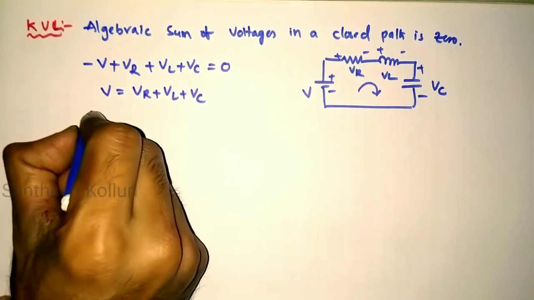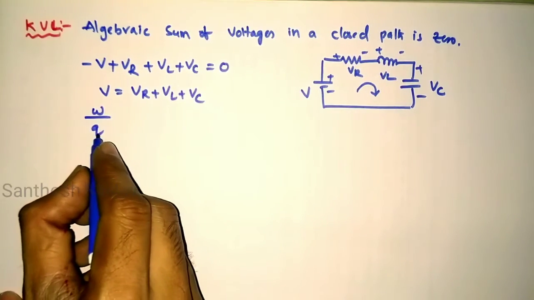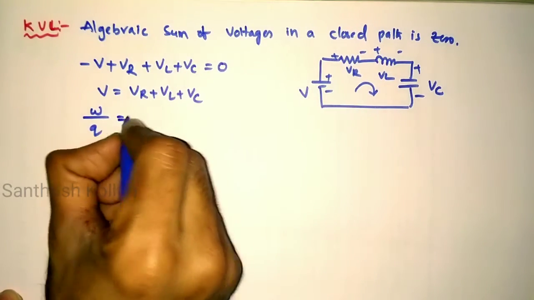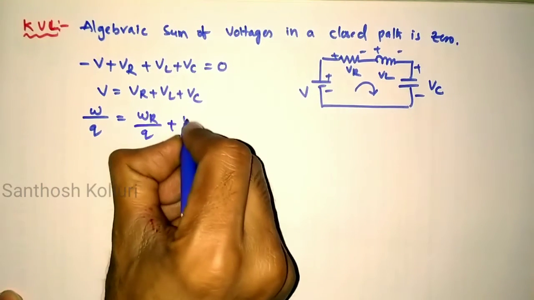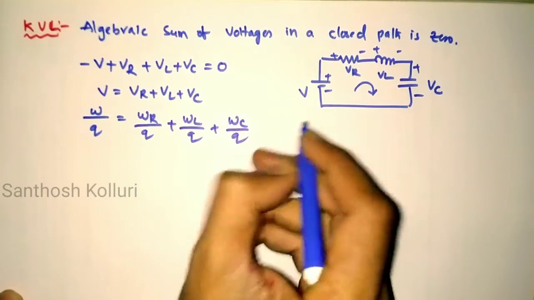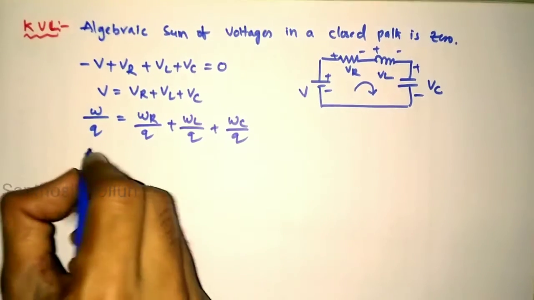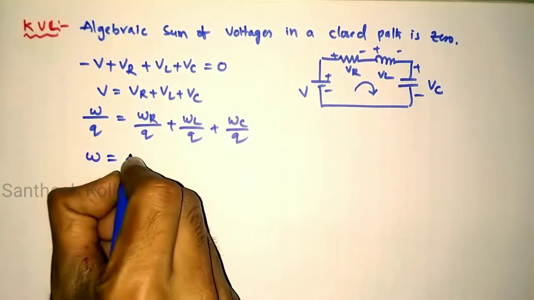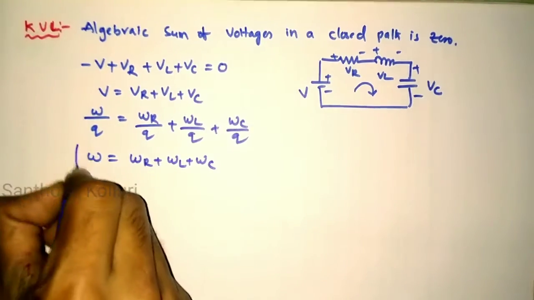Voltage definition is work done for moving a unit positive charge from one point to another point. So it can be written as W by Q, so work done in a resistor and inductor as well as capacitor. If you take Q common, you can cancel it out. Therefore the resultant work done can be written as WR plus WL plus WC.